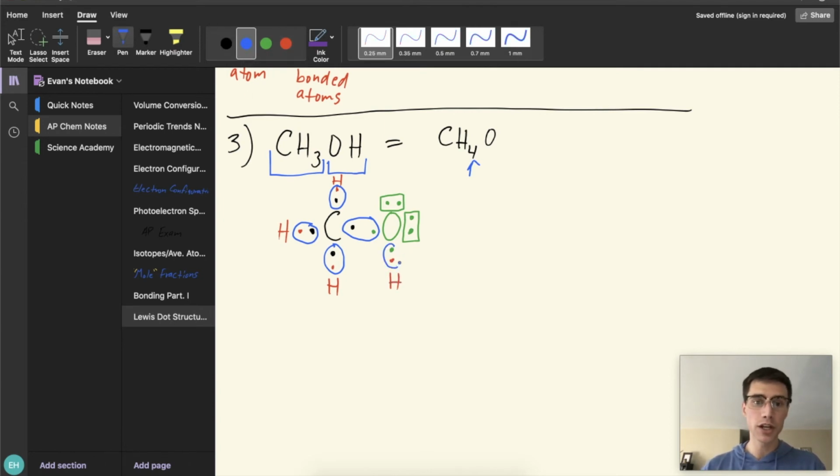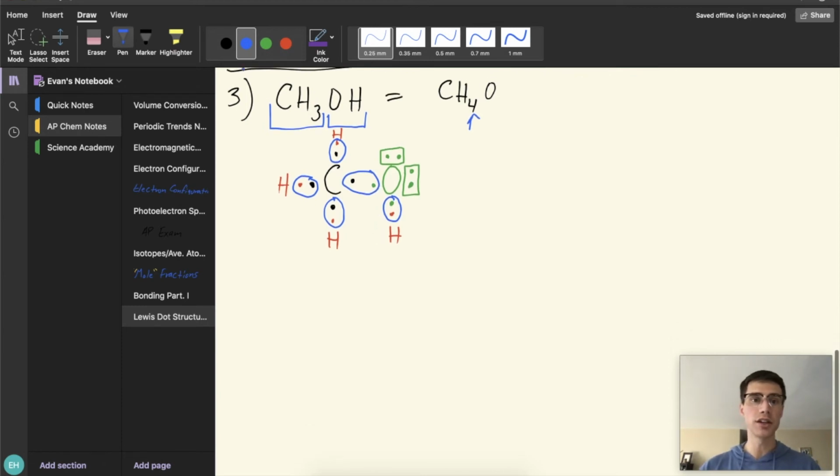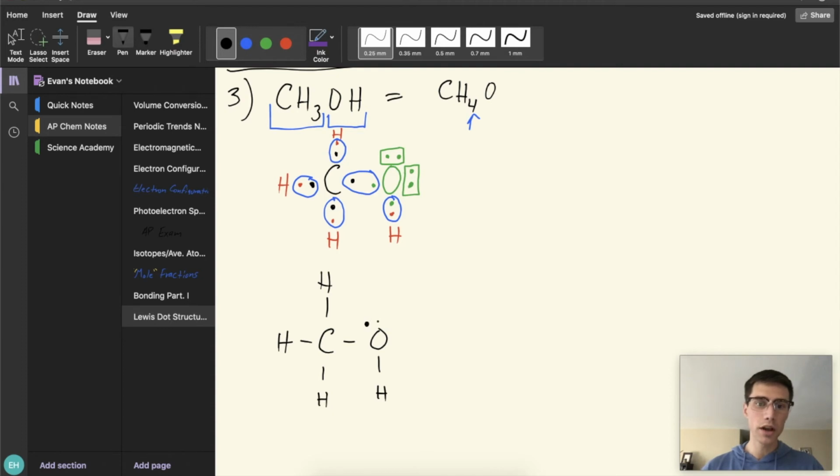So we can finish our bond down at the bottom, and what we end up with, if we drew this whole thing out, is carbon, oxygen, and I'm going to draw the lone pairs in last. So we have 3 hydrogens attached to the carbon, 1 hydrogen attached to the oxygen, and then we have 2 lone pairs also around the oxygen.